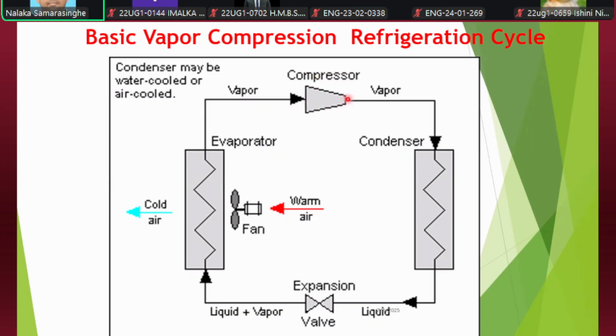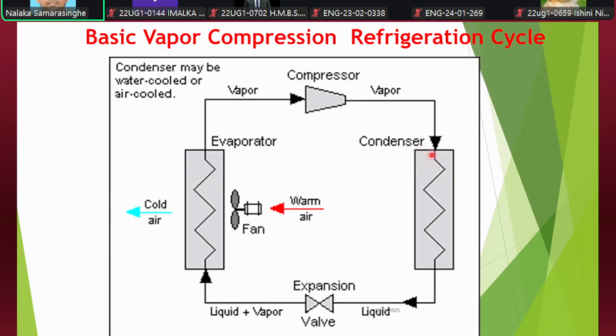So the output is going to be the vapor at a higher pressure. That is going into the condenser part. Basically, the temperature of the vapor is high, so this line is usually heated up, and it is now going into the condenser.